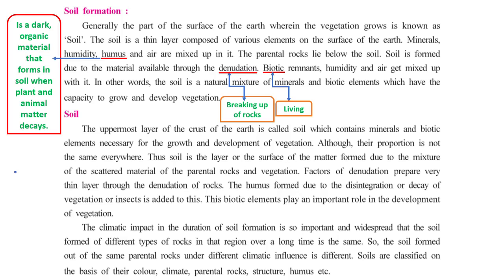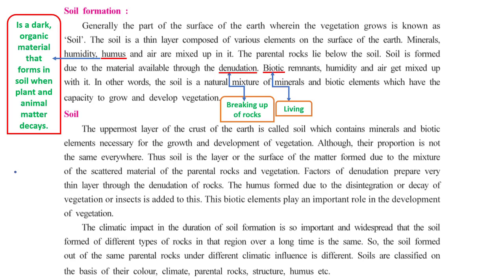Now this soil formation takes hundreds of years. It is not a day or a small process. It takes a longer period of time to form. So here we are going to learn how the soil is formed. Let us start soil formation.